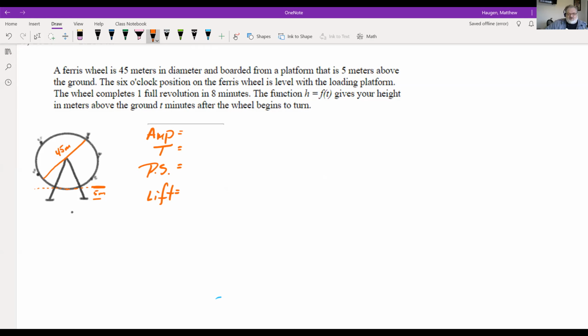If we don't lift it, its lift is just a zero. That's where its equilibrium is. But we can consider a phase shift of 0, but we like to not have a phase shift. So let's start with amplitude. What is the amplitude of this function in terms of height?